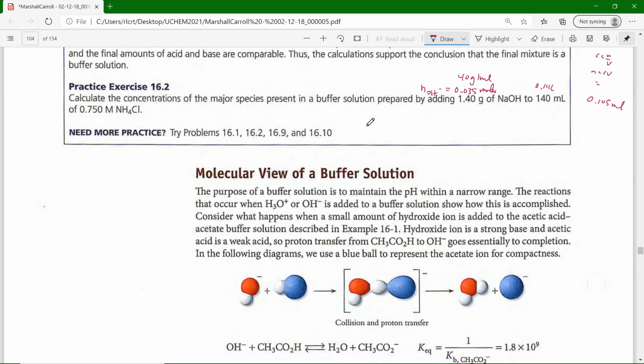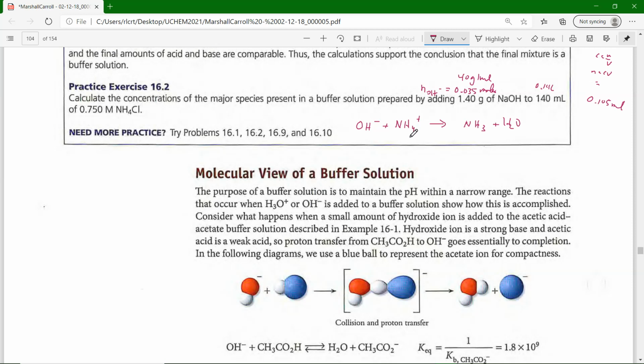So now let's write the reaction here. You're going to have OH minus coming in, reacting with NH4 plus, so we're going to form H2O plus NH3.